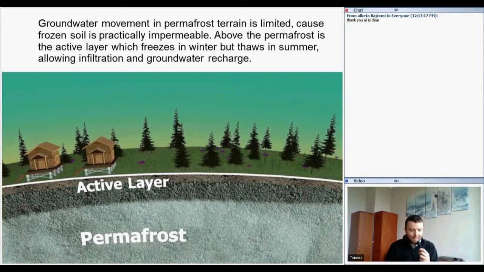In the next summer, it can melt, or it can thaw, of course, but if it's frozen, there is permafrost. Above permafrost, there is a thin layer. In Svalbard, it reaches up to 2.5–3 meters, the layer which thaws. So it's not frozen during summer. It freezes again in winter, but it thaws in summer. And this has many implications on the infiltration of water.